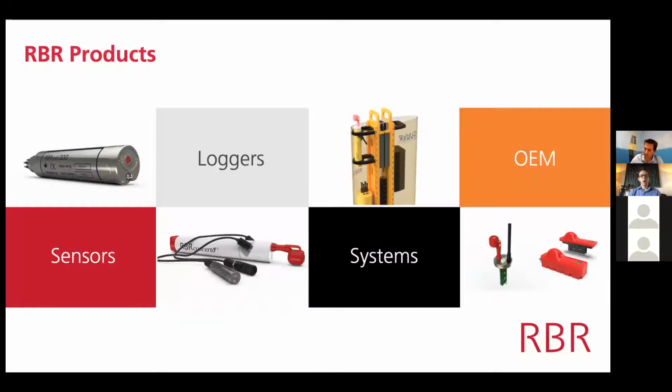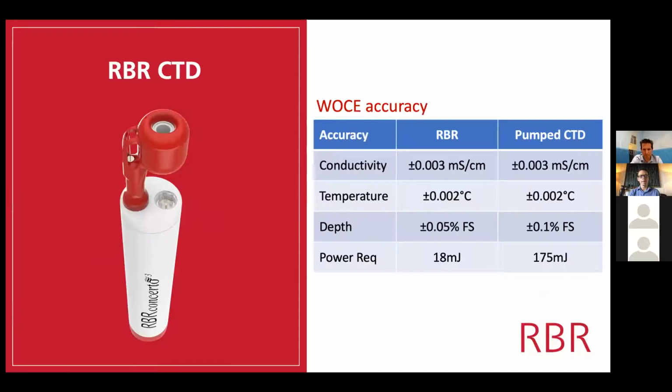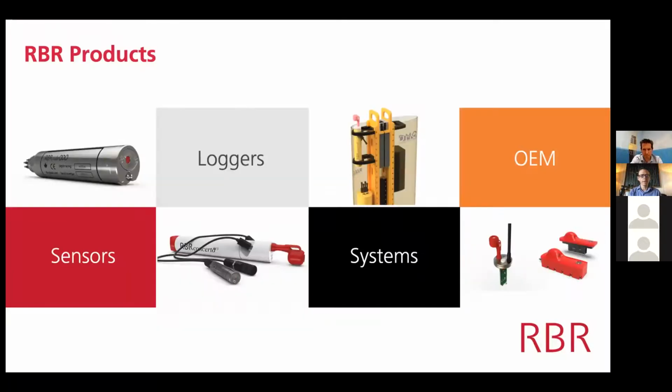In terms of what we produce, before I go into the actual Legato, our core is developing sensors. The primary one is a CTD, as well as optodes. We have also developed autonomous loggers that carry all of our sensors, as well as third-party sensors and high accuracy quartz-based pressure sensors.